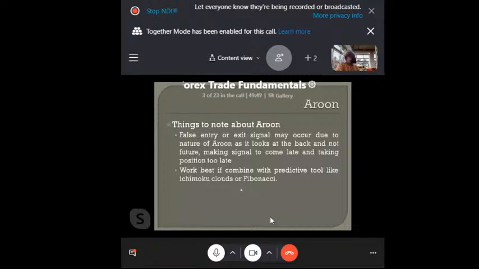And when you take this decision, you are taking it too late. It works best if combined with a predictive tool like Ichimoku Cloud or Fibonacci. So if you want to use Aroon, please combine it with either Fibonacci or Ichimoku Cloud. Are we clear? Yes. Next.